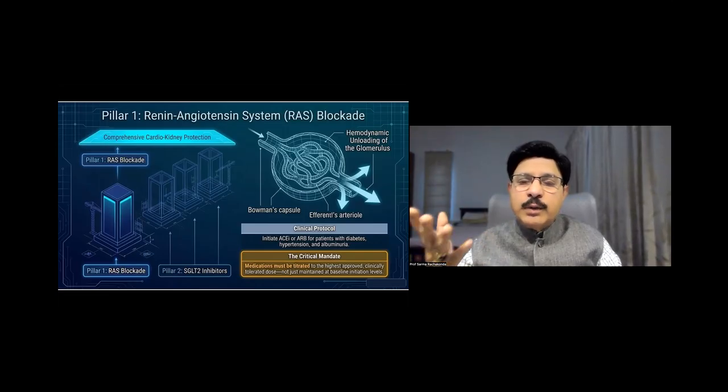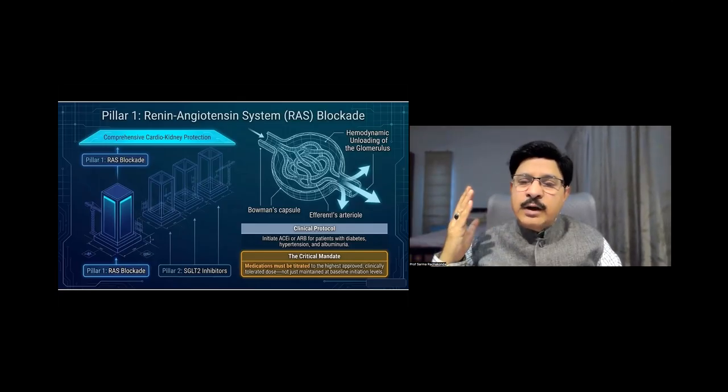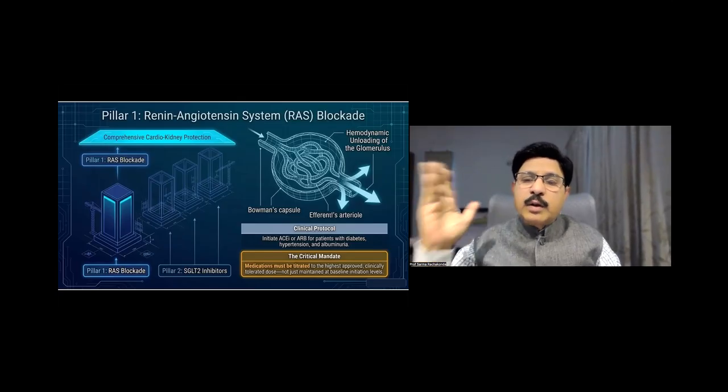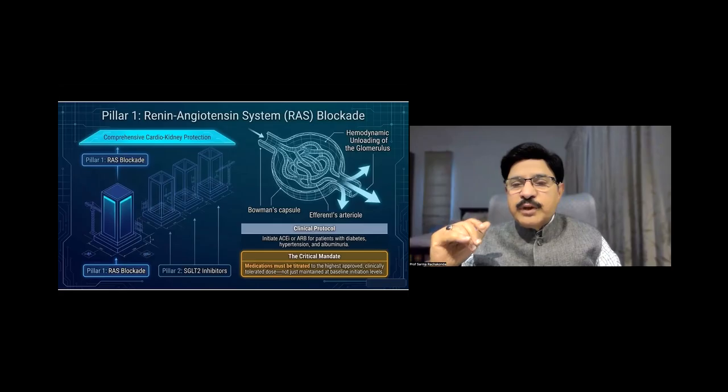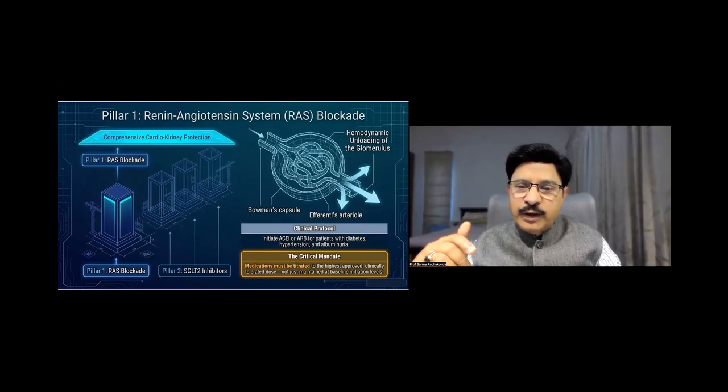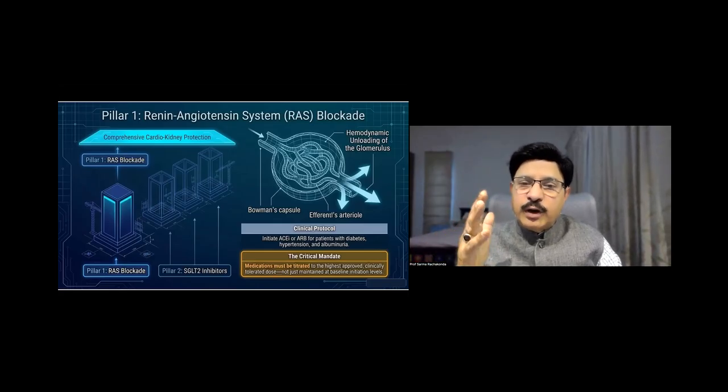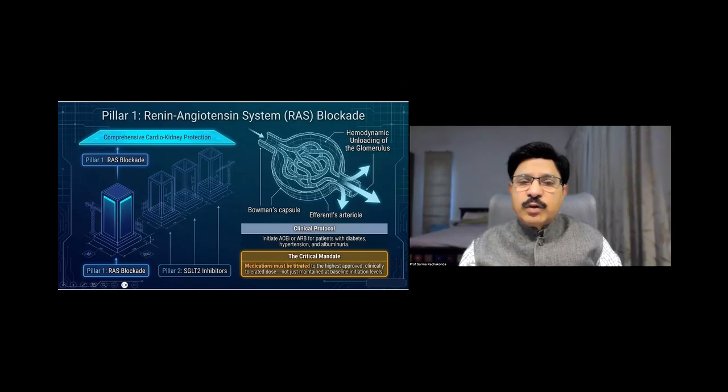That means 20 milligrams of Ramipril is the upper limit of approved. If the patient can tolerate 20 milligrams of Ramipril, I must use 20 milligrams. This is the clinical mandate. Why? I want to prevent proteinuria at any cost. Okay, this is about the ACEIs, ARBs.